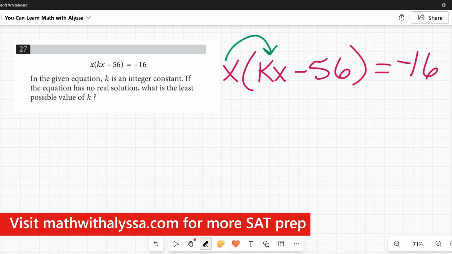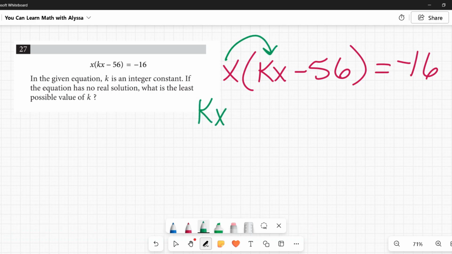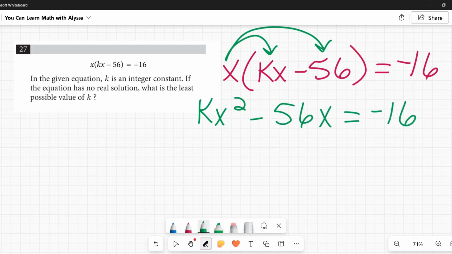First, x times kx is kx squared. Then x times negative 56 is negative 56x. And that equals negative 16. Now I mentioned the quadratic formula.